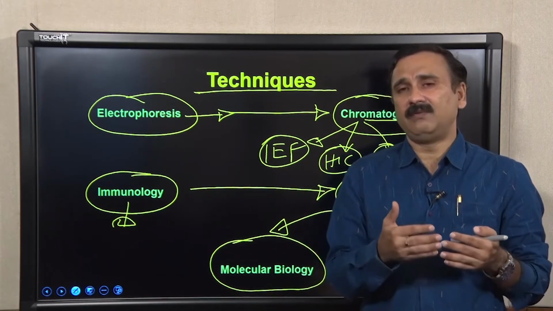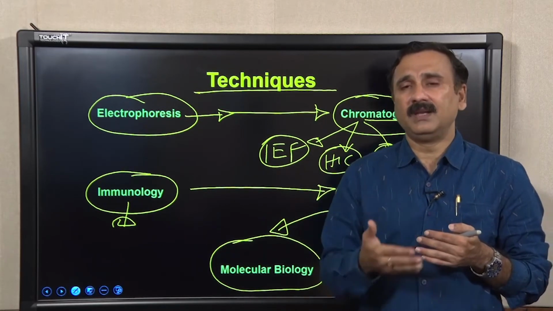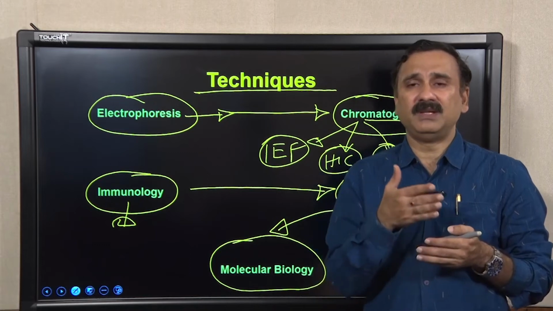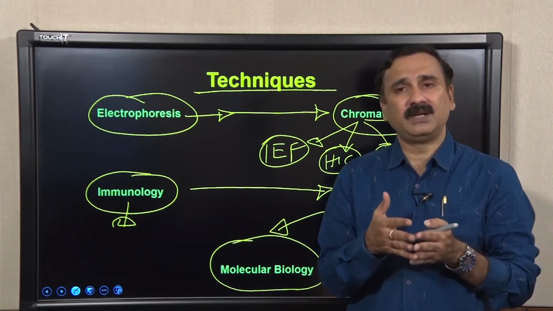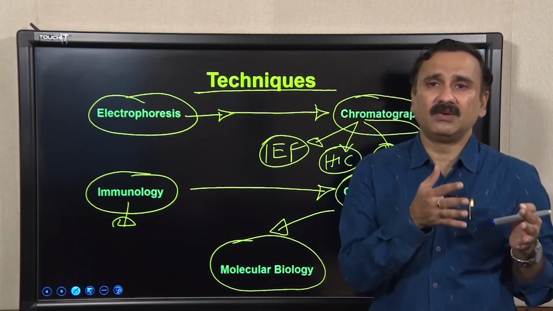And at the end of that, we also discussed how PCR can be used for answering some of the experimental questions, how PCR can be used to detect different types of infectious organisms or contamination in a particular sample.